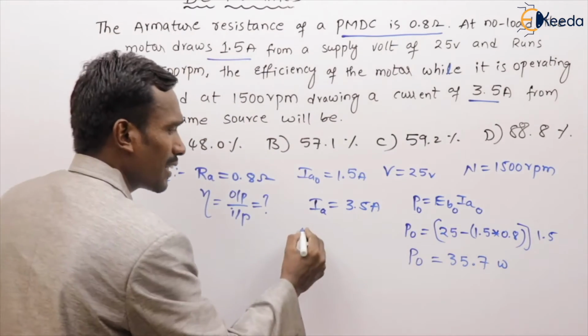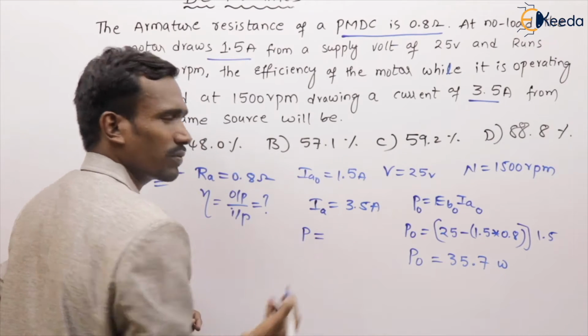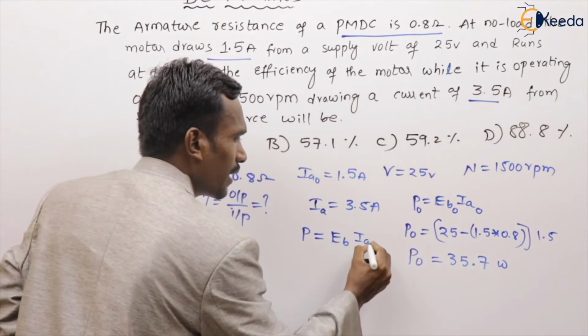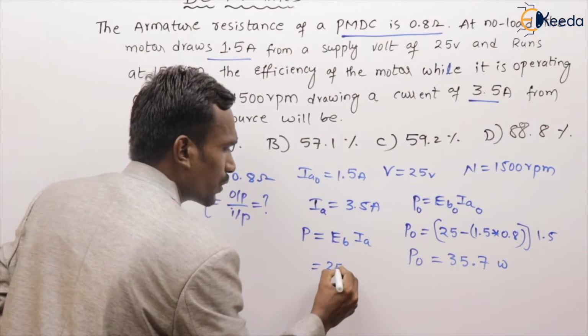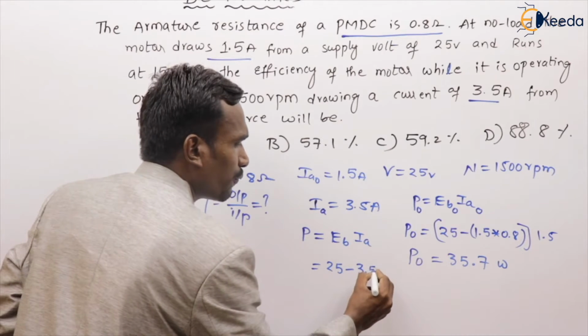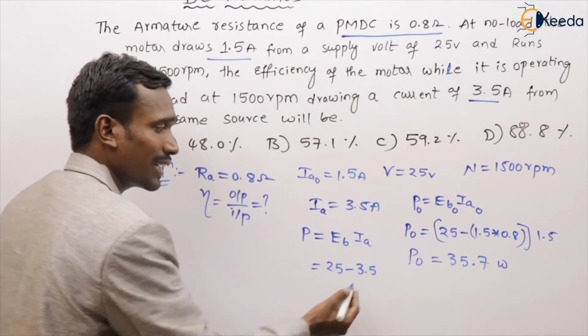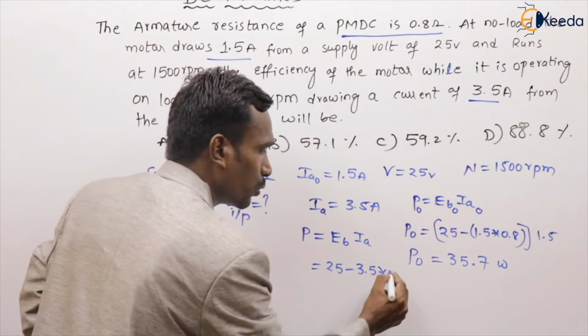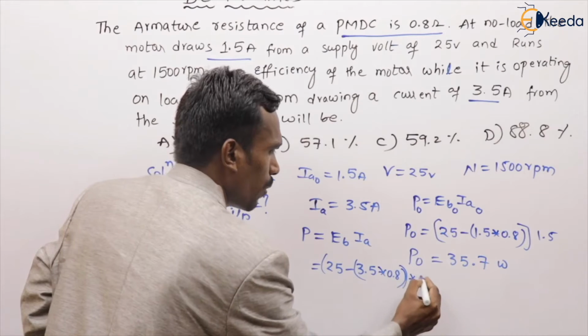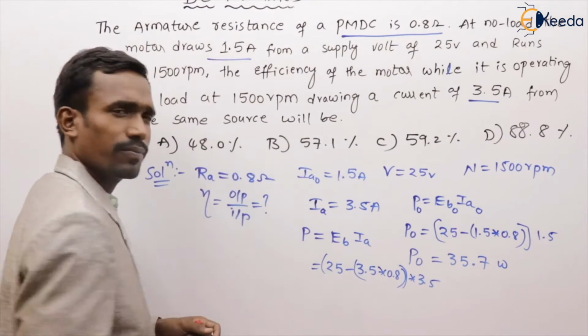Next, calculate the power at loaded condition. At loaded condition, it is EB into IA. EB is 25 minus 3.5 into armature resistance, multiplied by IA, 3.5.